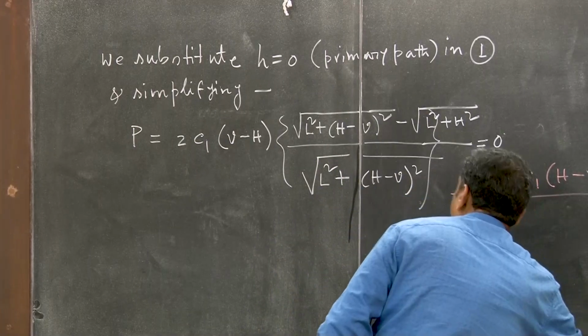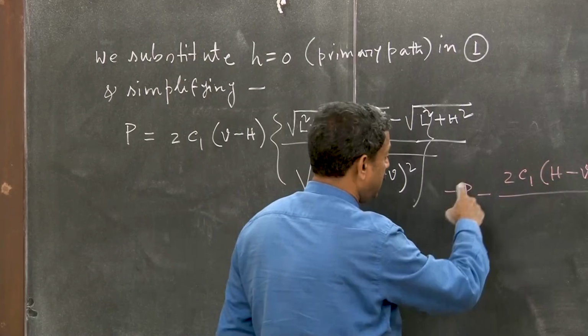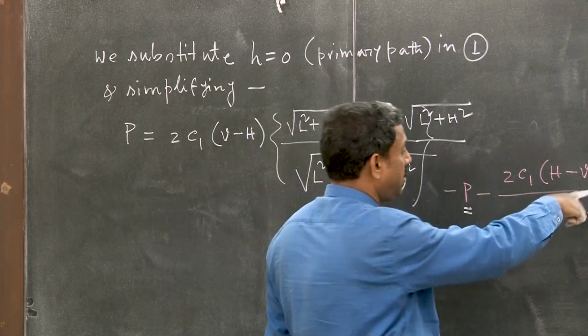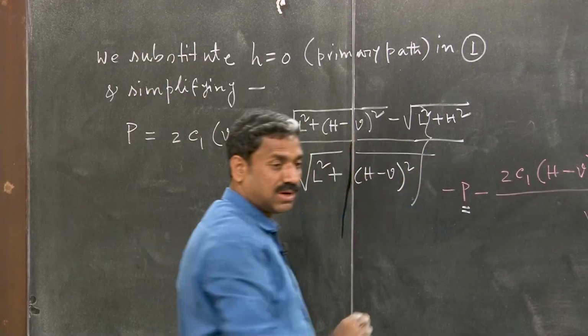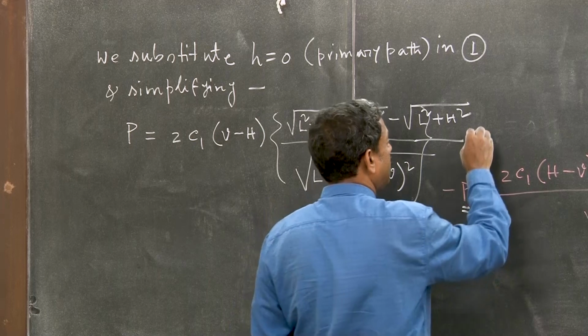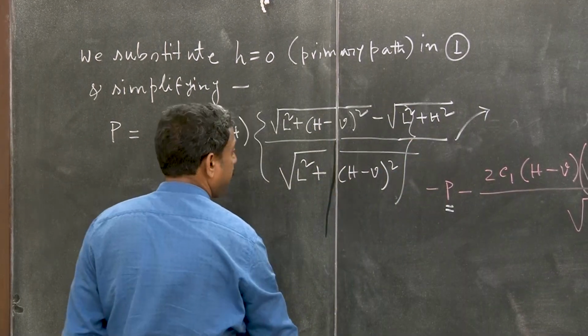Sorry, this is equal to 0, so P is equal to this. So, H is equal to 0, you are substituting, then in terms of P you are getting an expression. This is the primary equilibrium path.